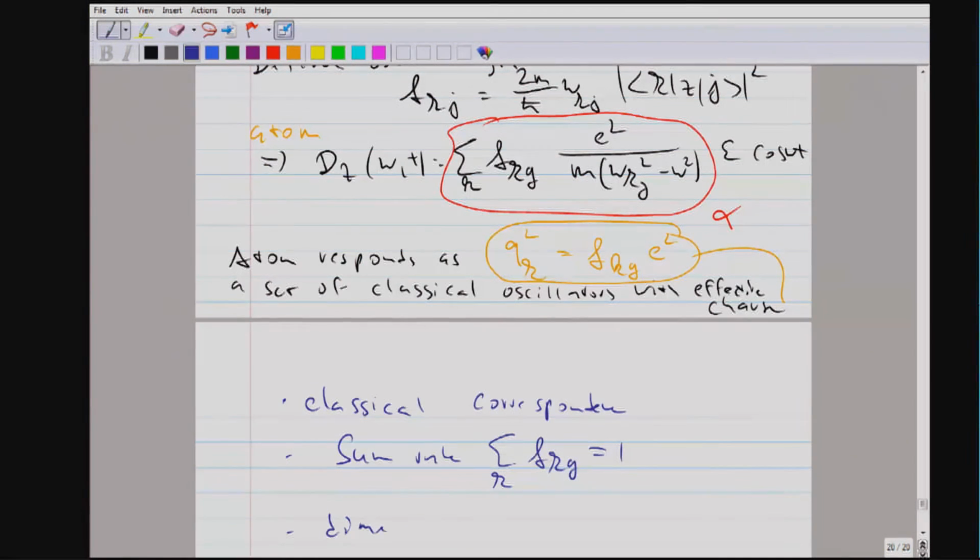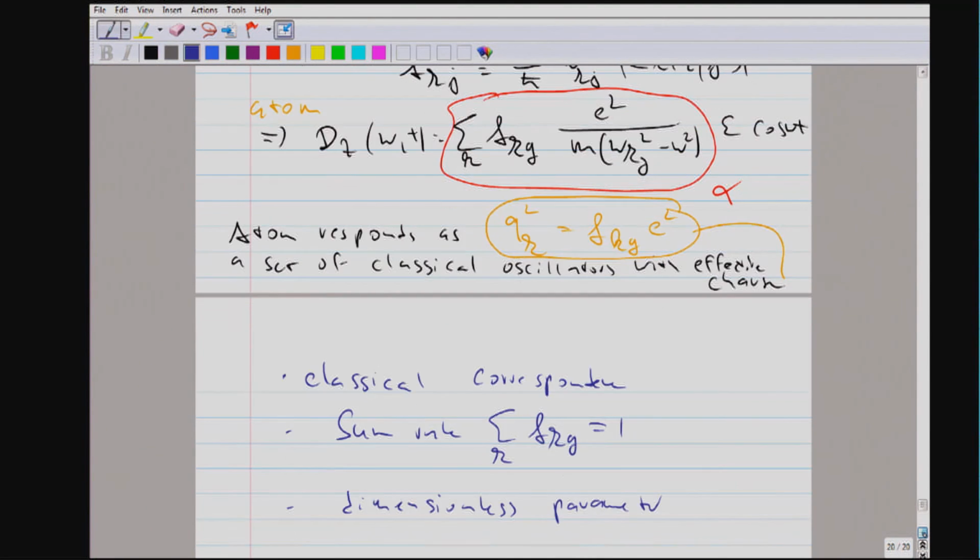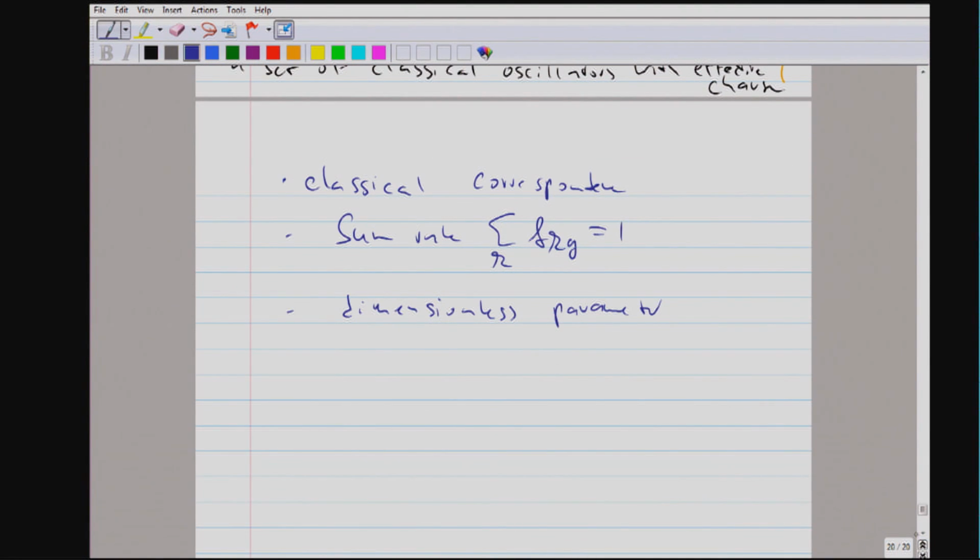And another advantage of the formulation with oscillator strengths is that it is a dimensionless parameter which tells us how the atom corresponds to an external electromagnetic field. I just need 2 or 3 more minutes to show you what that means.